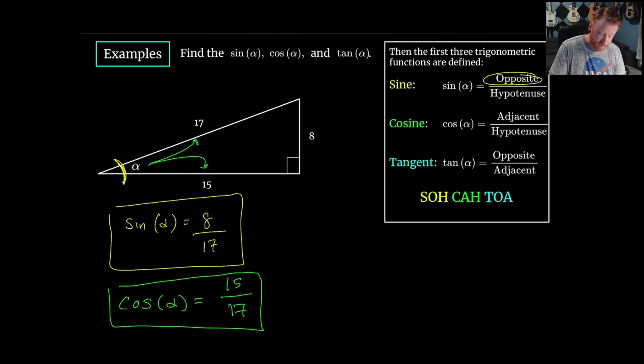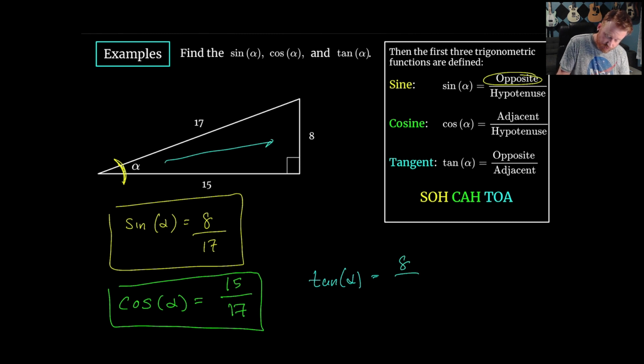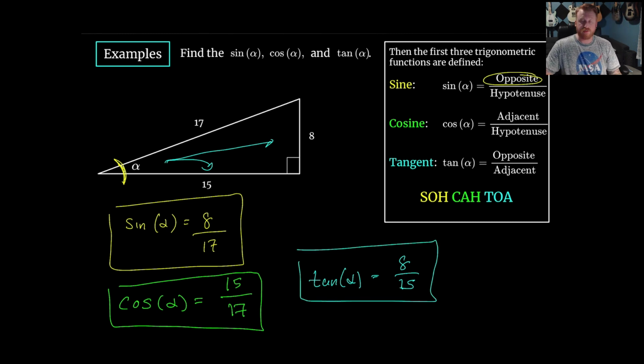And if we'd like to find the tangent of alpha, this is going to be the ratio of the opposite side, so that's still 8, this time over the adjacent side, which is 15. So now we know that the tangent of alpha is the ratio of 8 over 15.